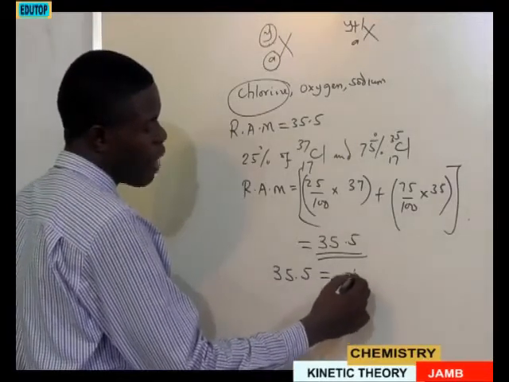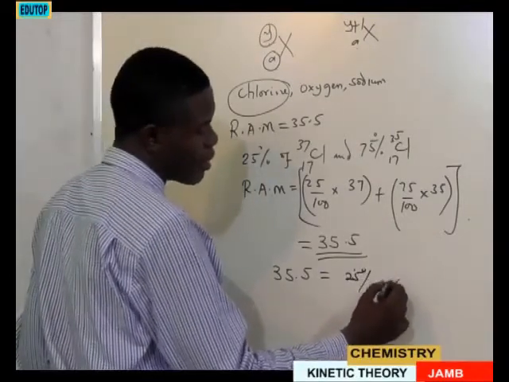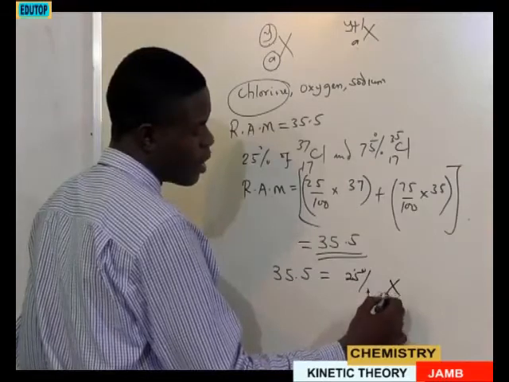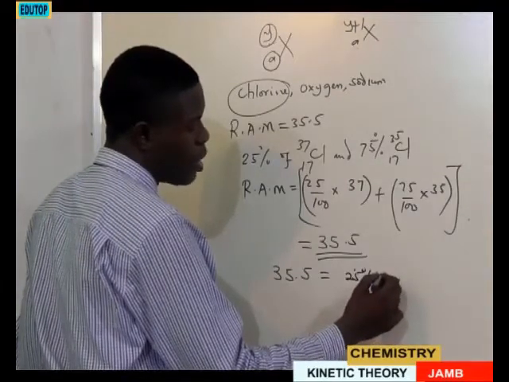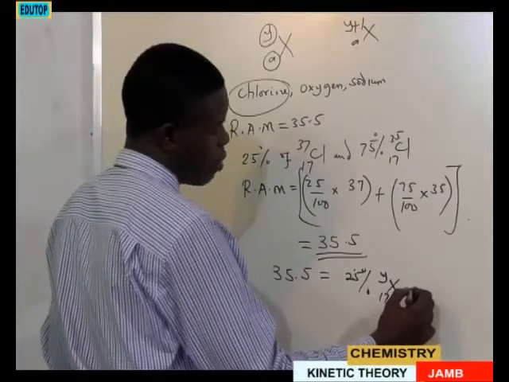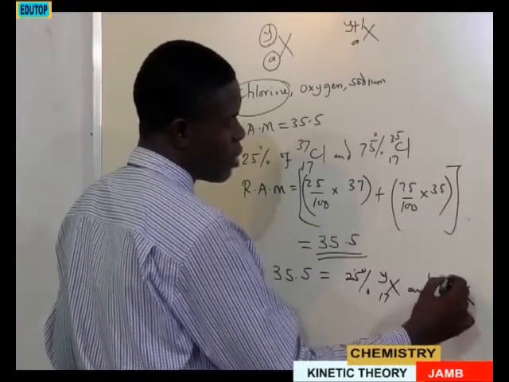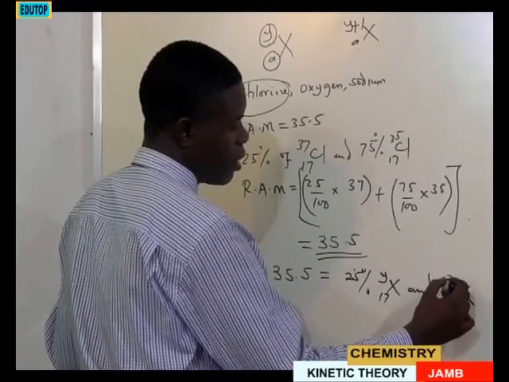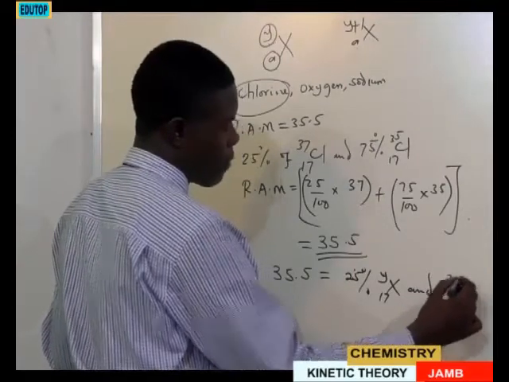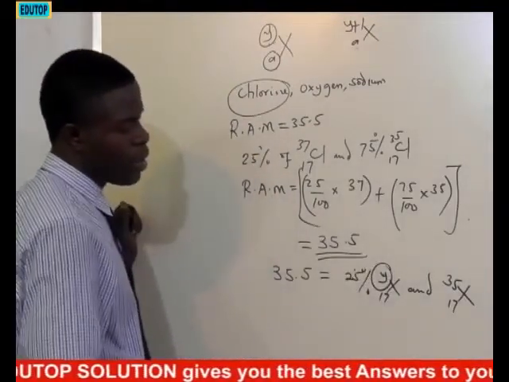They can give you 25% of, let's say, X-Y, and the other one, let's say X-35 at 75%, and the question asks you to determine Y.